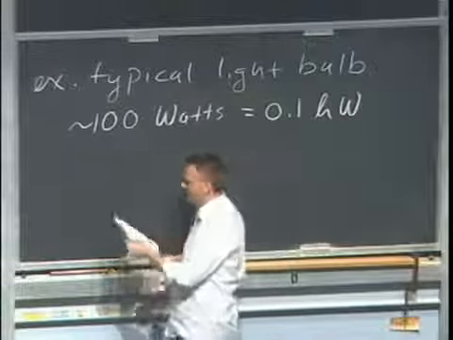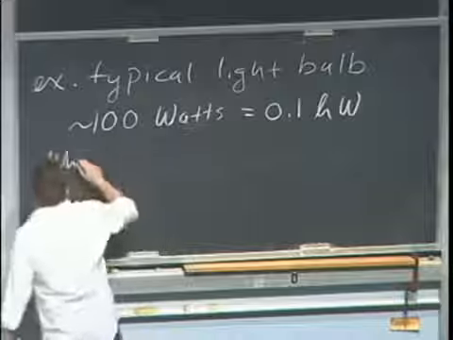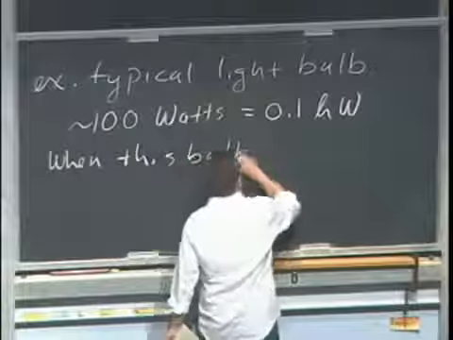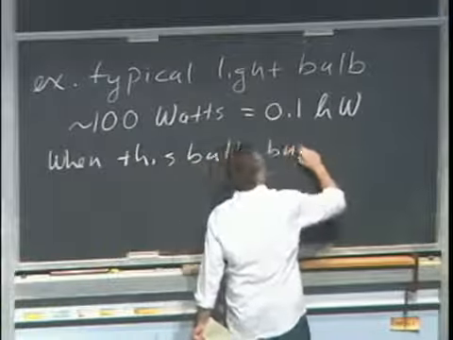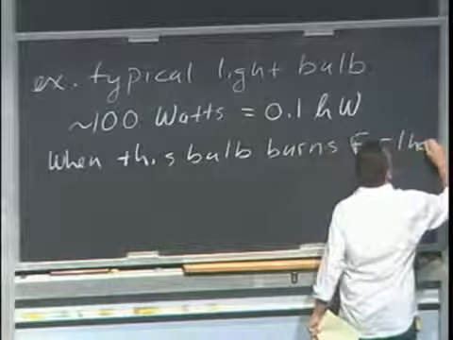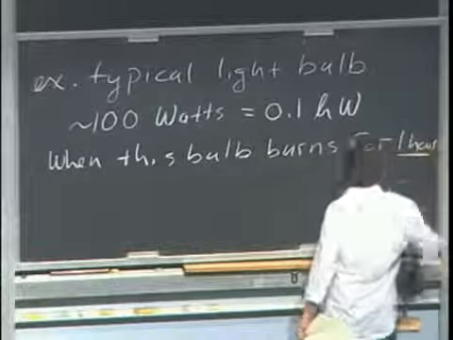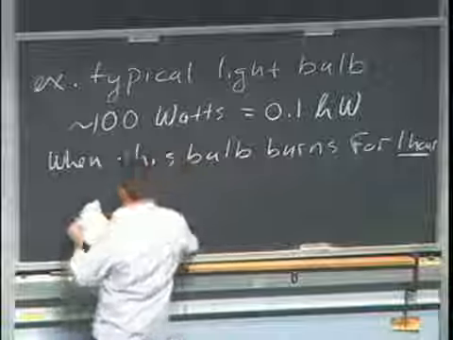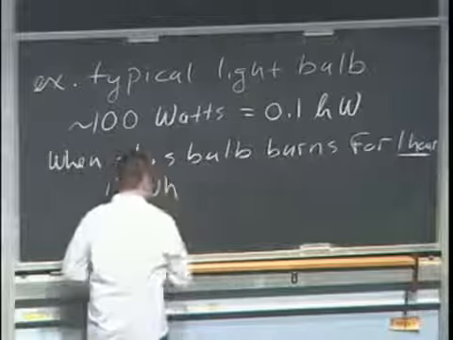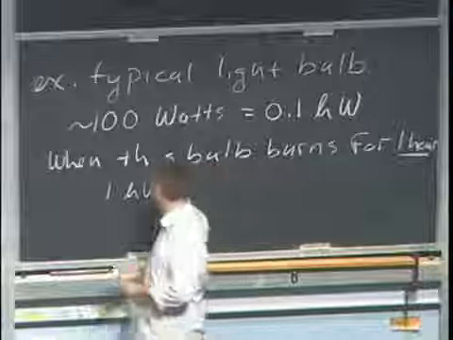And when this bulb is on for 1 hour, so when it burns for 1 hour, then the amount of energy that it used is 0.1 kilowatt hours.